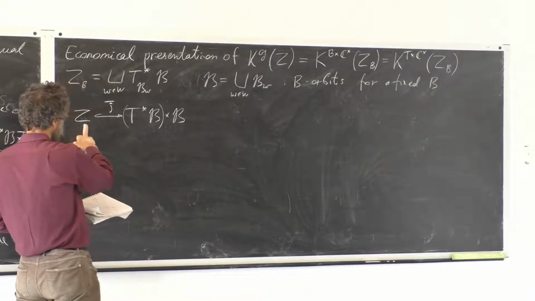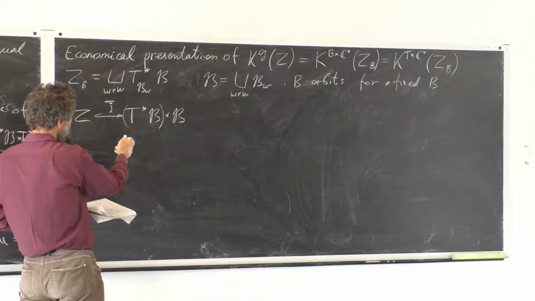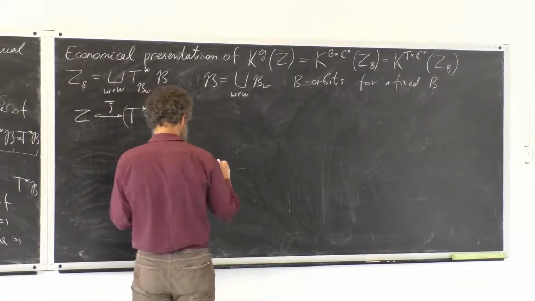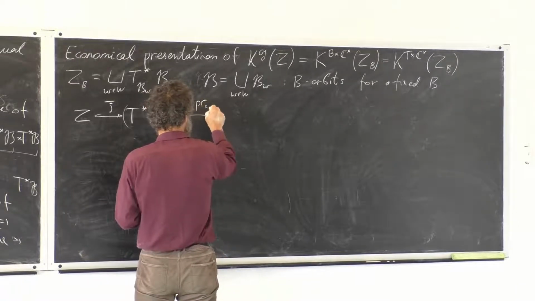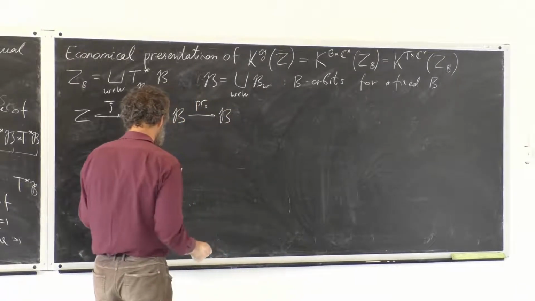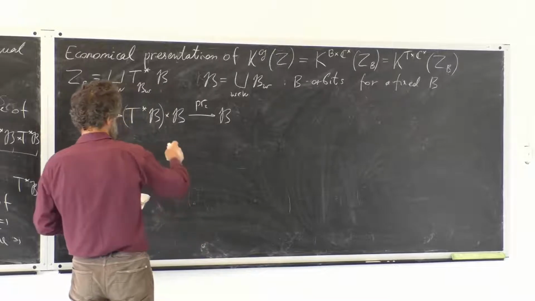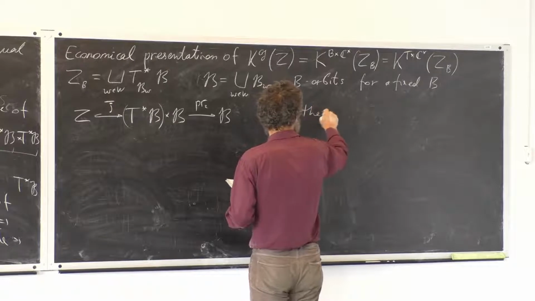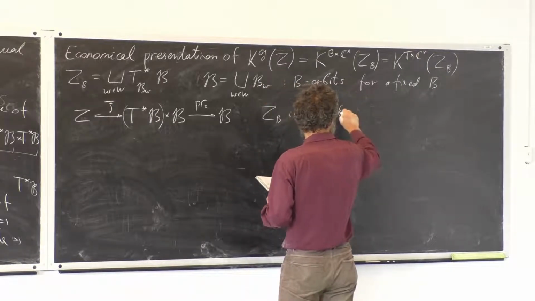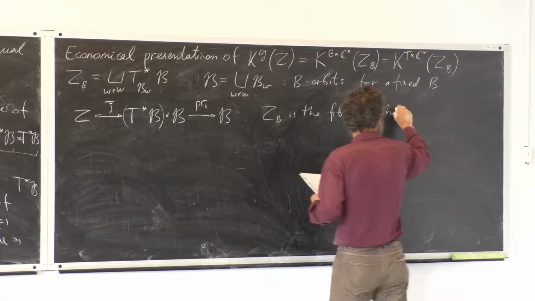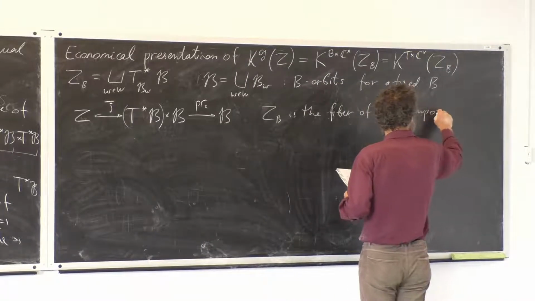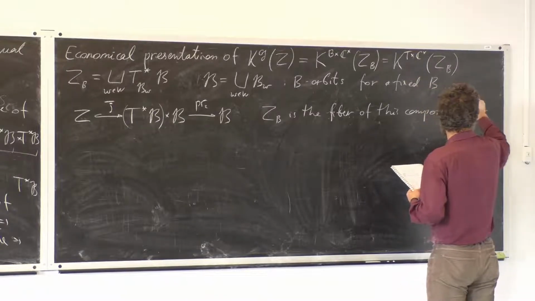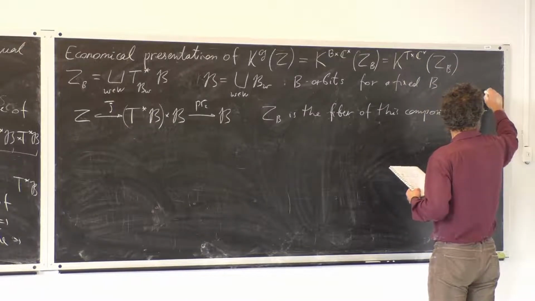Because the variety of triples was one nilpotent and two Borels. Here you have one nilpotent and two Borels, and this projects onto B, and this Z B is the fiber of this composition over this particular point in the flag variety.